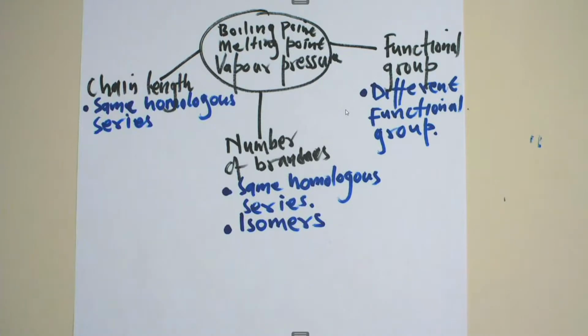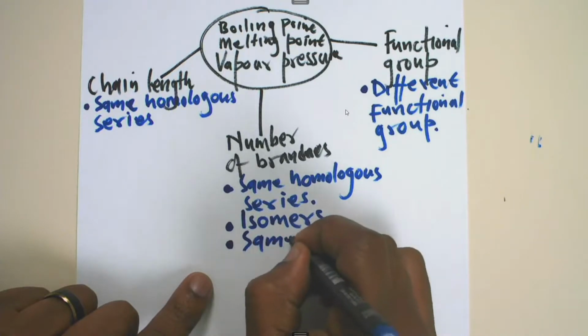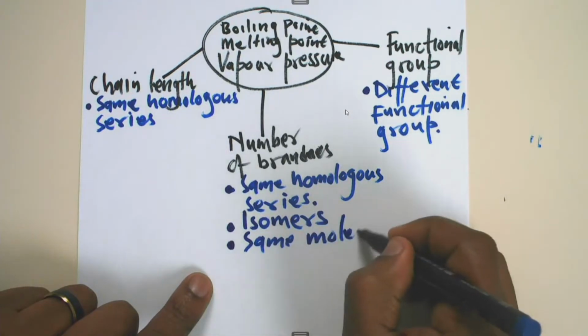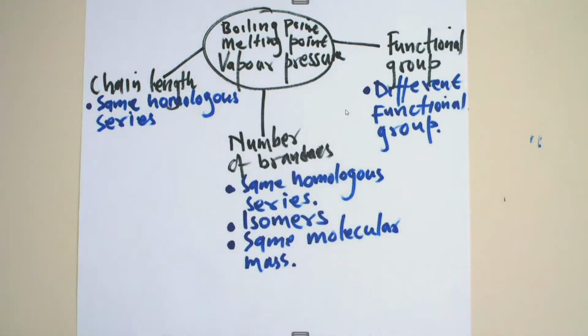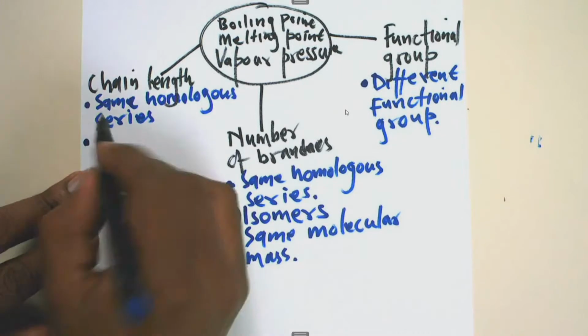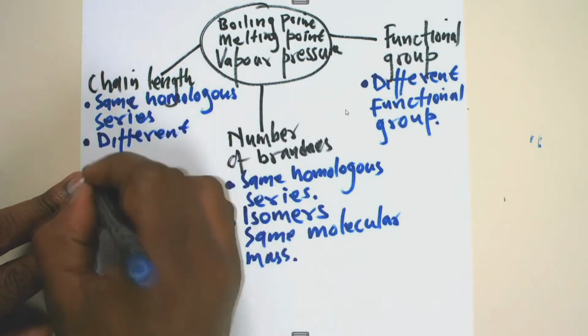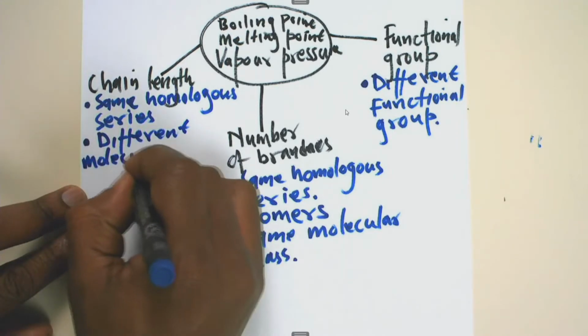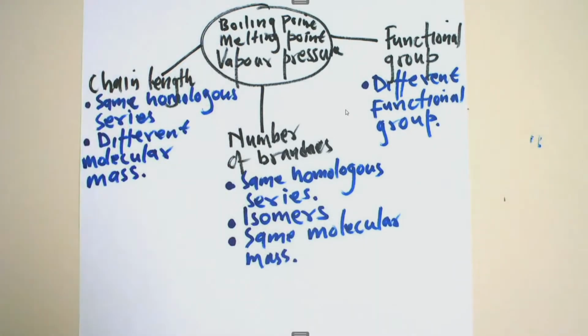So for the same molecular formula, we can add that they must have the same molecular mass. Once they have the same molecular mass, they are isomers of each other. So I can further say, for me to compare chain length, they must have different molecular mass. So I have added this bullet for me to be able to compare.